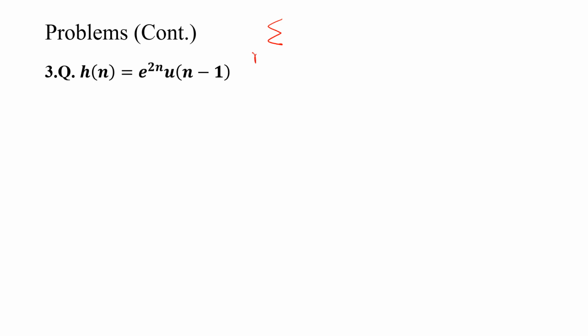First is the summation of n equal to minus infinity to infinity of mod of h of n. Another thing: u of n minus 1 means a 1 right shift. U of n is 1 for n greater than or equal to 0. So u of n minus 1 means a 1 right shift, so it is 1 for n greater than or equal to 1, and 0 otherwise.